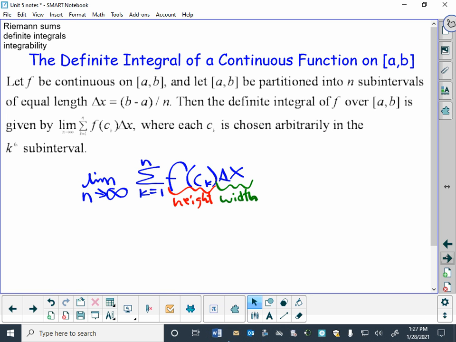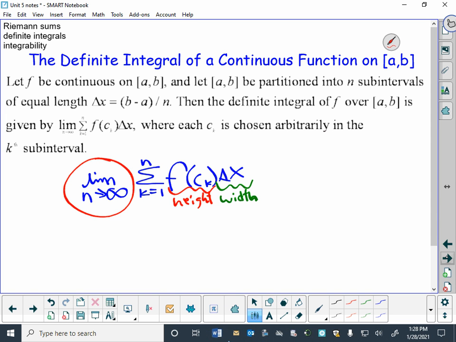I notice the summation is still there. We're still adding up the areas of the rectangles, but my limit takes on a little bit different look here. It's not talking specifically about the partition, but it's saying n is the number of rectangles that we're going to make. And so it says as you go toward making an infinite number of rectangles.